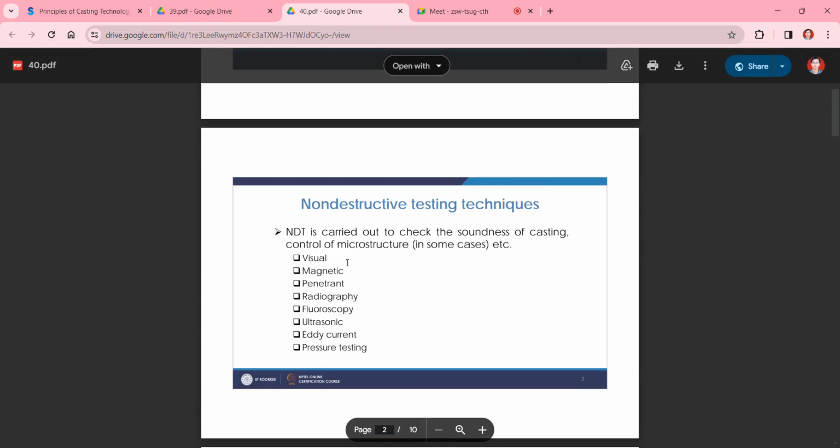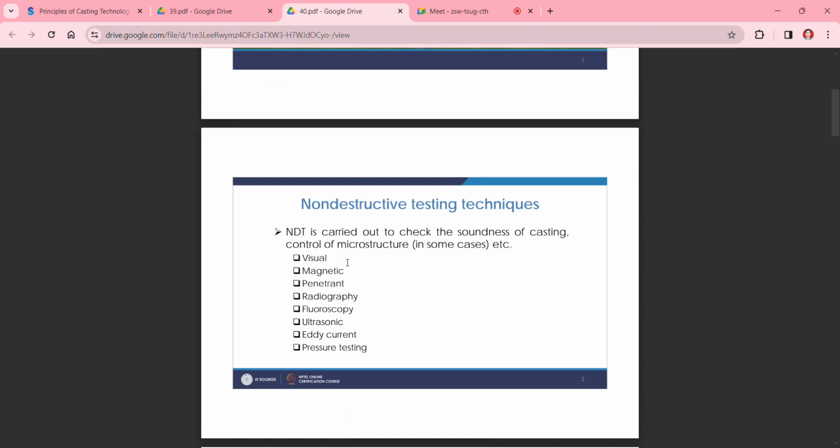Coming to the visual non-destructive testing technique, you are trying to see the defects in your casting which are on the surface and can be seen by the naked eye. Like blowholes, which can be seen by visual inspection only.